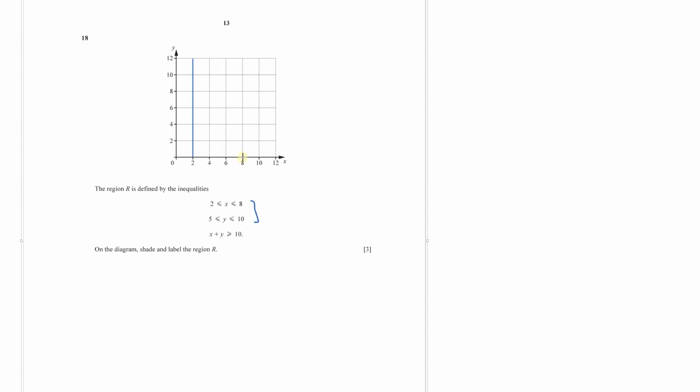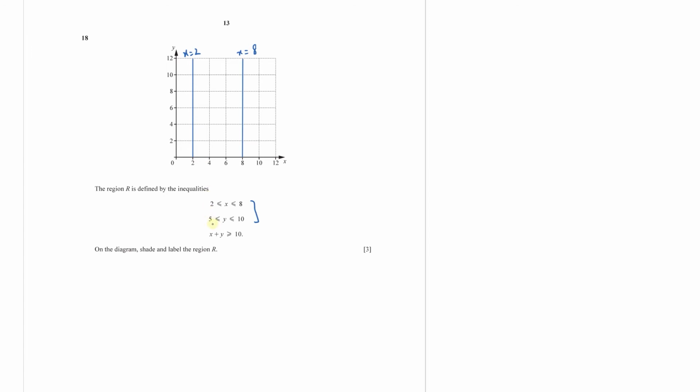So we can draw another vertical line that starts from x equals 8, something like this. So this is x equals 8. So let me label them as well. So this line is x equals 2 and this line is x equals 8.